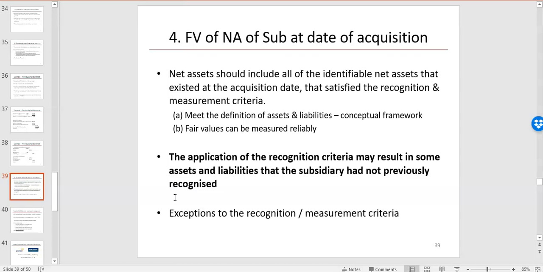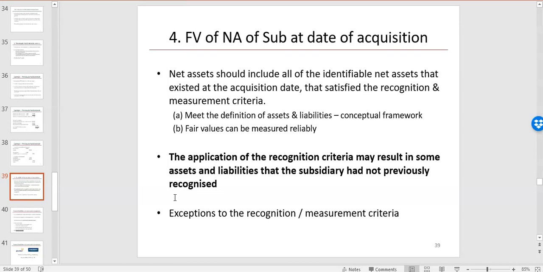And that's an adjustment we're going to come across next week again, dealing with that fair value and the impact it has on goodwill. But one thing I want to highlight here in bold is that the application of some recognition criteria can have assets and liabilities in the subsidiary that have not previously been recognized. You might think, what does that mean? Well, IFRS 3 can override or create some new assets that you wouldn't have had before.